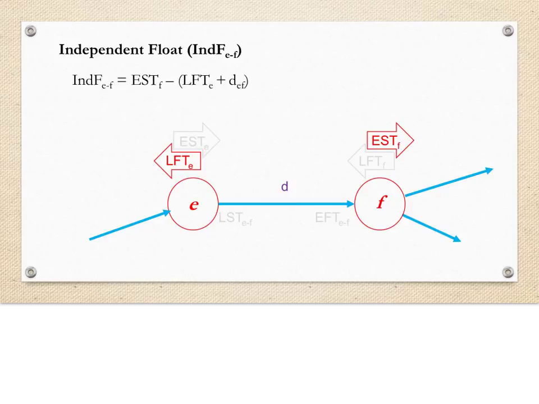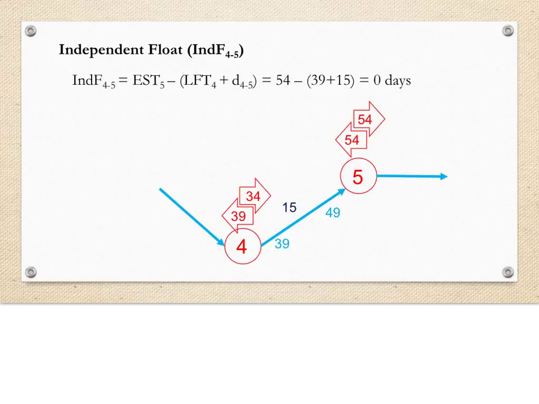Now, the independent float is the difference between the earliest start time of the ending event and the latest finish time of the beginning event, plus the duration of the task. So, in our example, event 5 has an earliest start time of 54 days. The latest finish time of event 4 is 39 days.